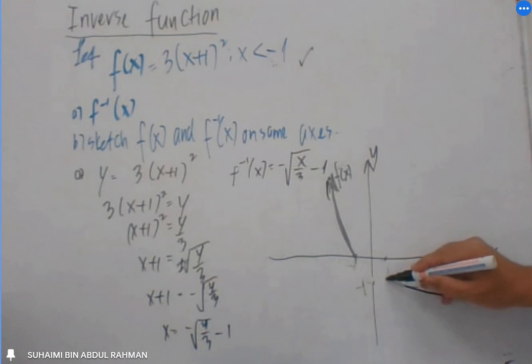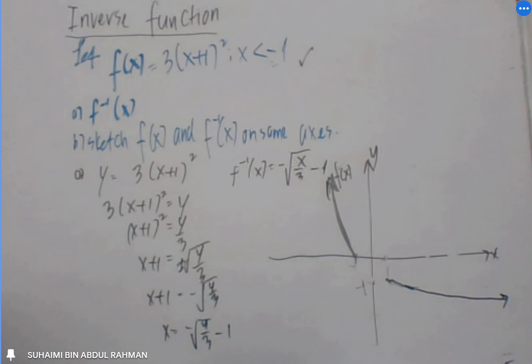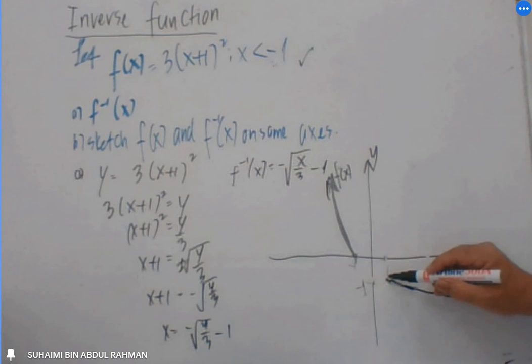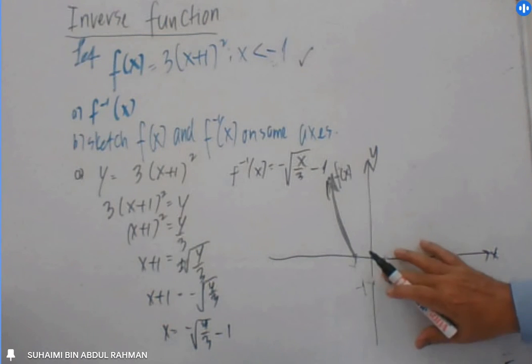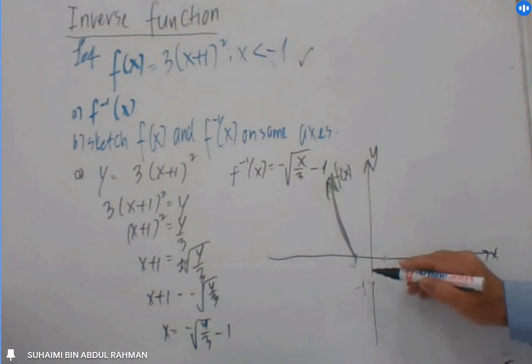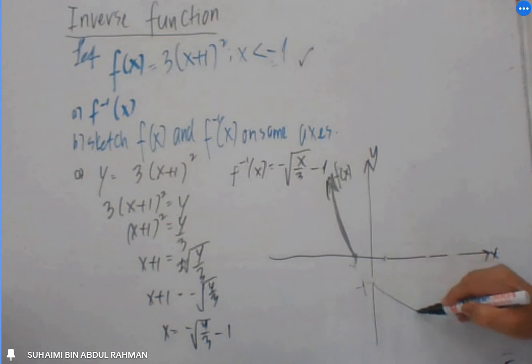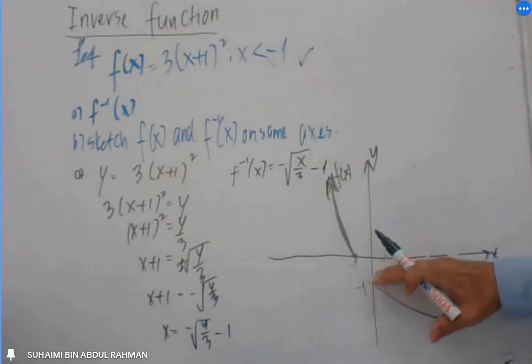So start with 0 here, and then we go down. We go down how many? 1 unit. So start from here, but we have to go down.